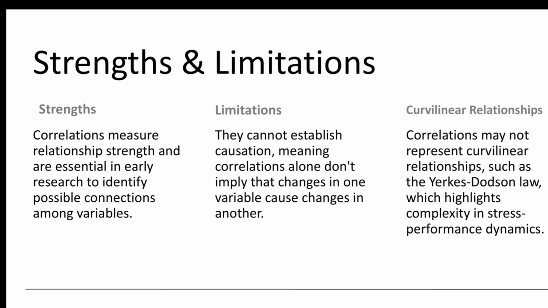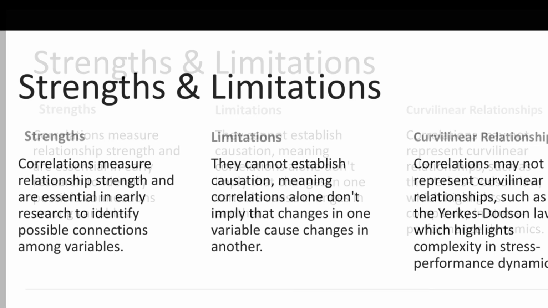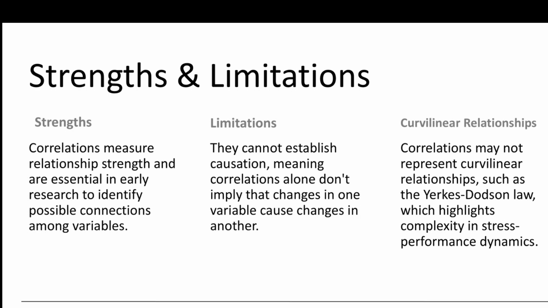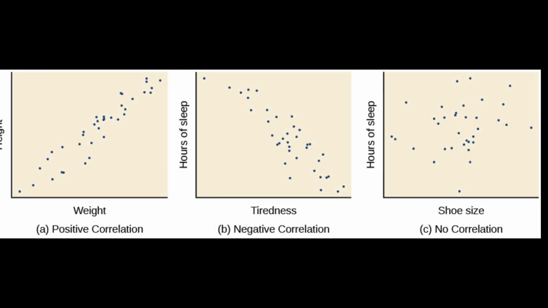The other strength is that correlations are usually the first step in research. As we said, they're a statistical procedure and they can't show cause. So what researchers tend to do is do a correlation and then devise maybe an experiment or some other sort of research to try and find the basis of that relationship.